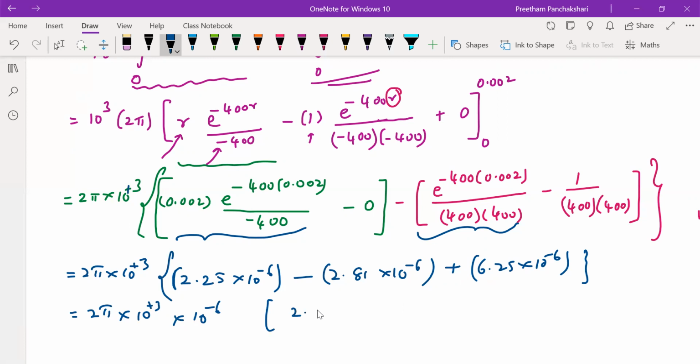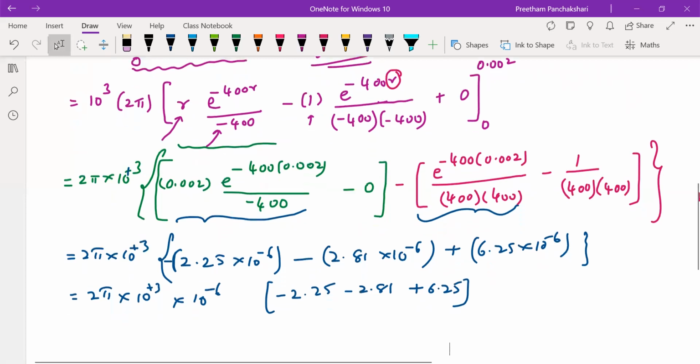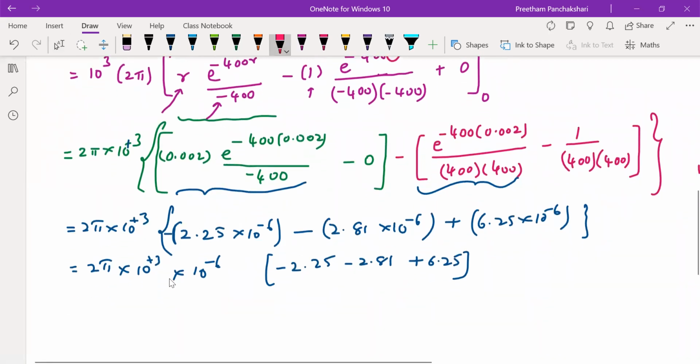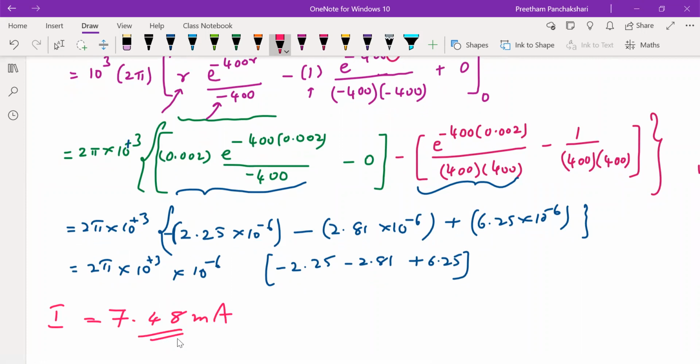Then you will be left with 2.25, this is minus here because of this minus 400, then minus 2.81 plus 6.25. So finally, we get the current as somewhere around 7.48 milliamps. This is the total current flowing through the cylindrical conductor in that direction.